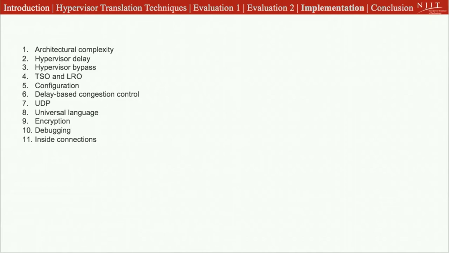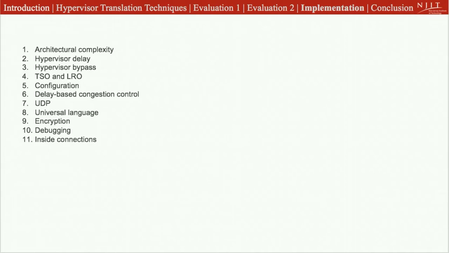Now let's talk about the fourth point, that is TSO and LRO. TCP segmentation offload and large receive offload are techniques for increasing the throughput of high bandwidth network connections by reducing CPU overhead.